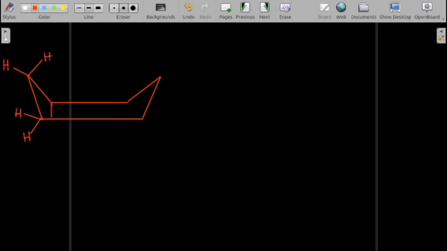For this carbon, this is an axial hydrogen, and this is an equatorial hydrogen. For this carbon, this is an axial hydrogen, and this is an equatorial hydrogen.